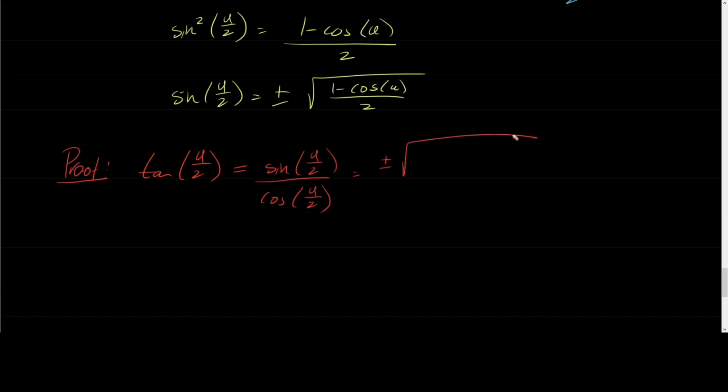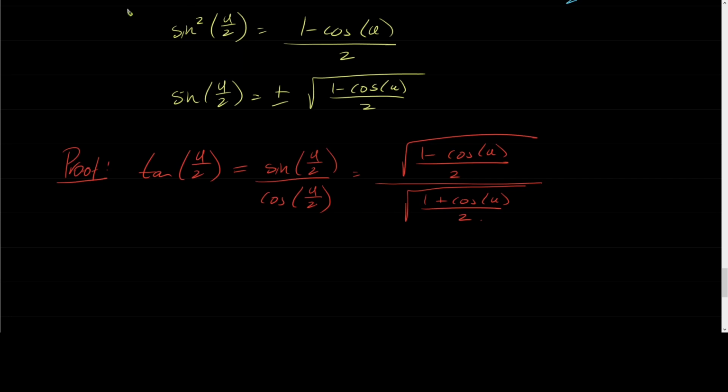plus or minus the square root of 1 minus cosine of u over 2, over plus or minus the square root of 1 plus cosine of u over 2. At that point, for the sake of simplicity, let's just take the positive versions of these.